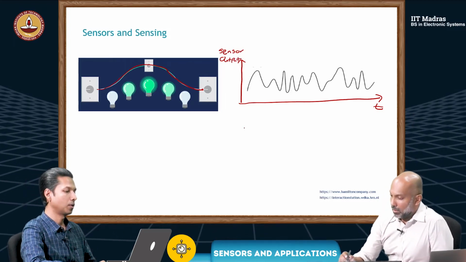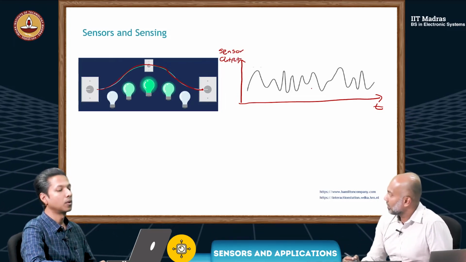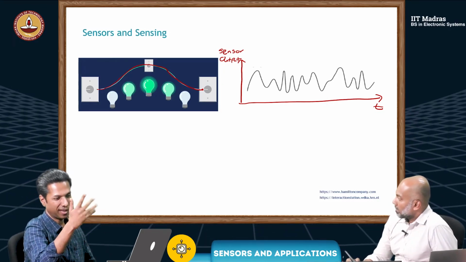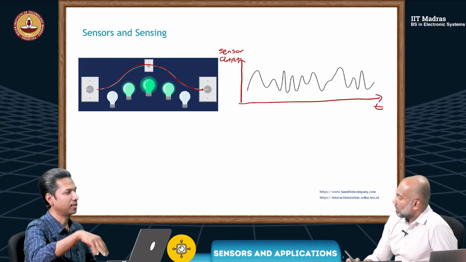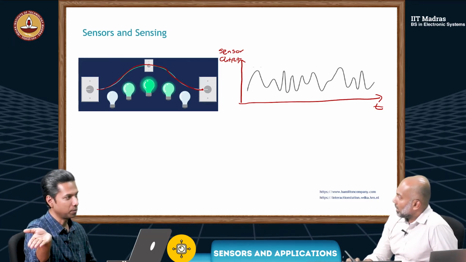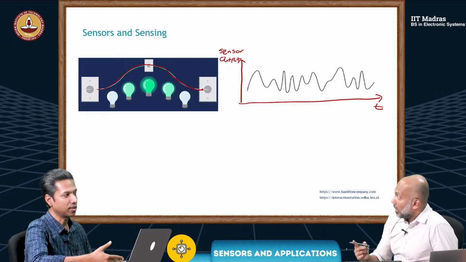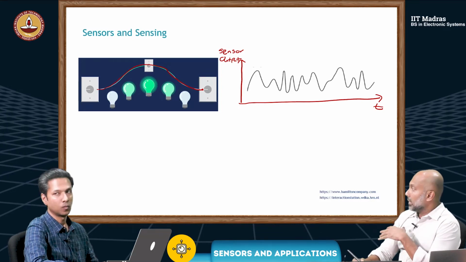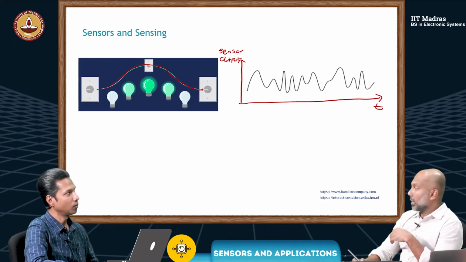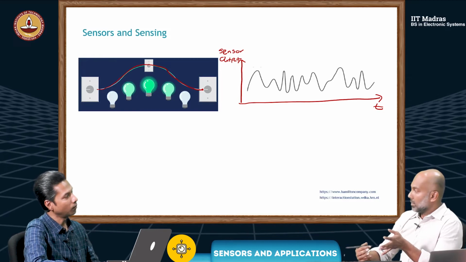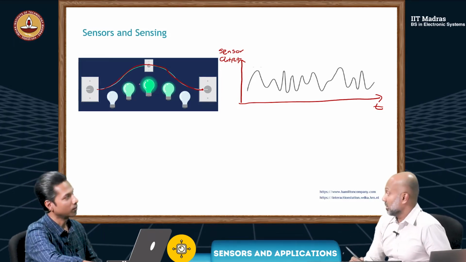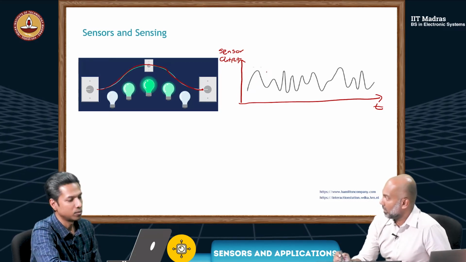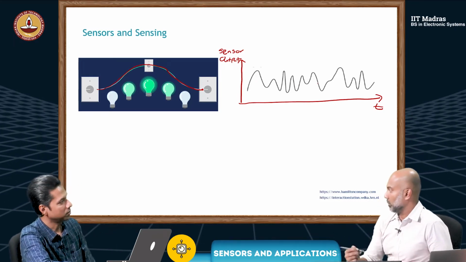Your sensor output is constantly changing. So I have a light source where I arbitrarily change the brightness with respect to time, and then you are sensing that. Let's say you have a sensing device that is measuring the brightness of the bulbs, and that is changing over time, and your sensor output is giving something like this.